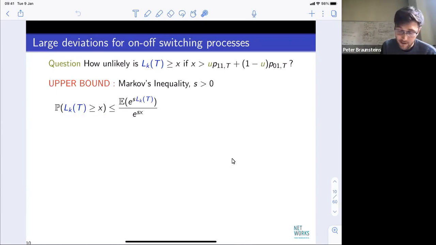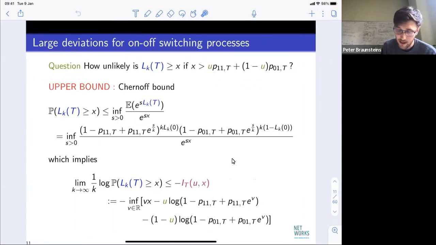So the left-hand side of the equation is exactly the same, but the right-hand side is now different. And because s is a free parameter, we can just take the infimum over all s that's strictly bigger than 0. And then we get what's called a Chernoff bound. So now we have a much tighter upper bound on this probability that we're interested in.